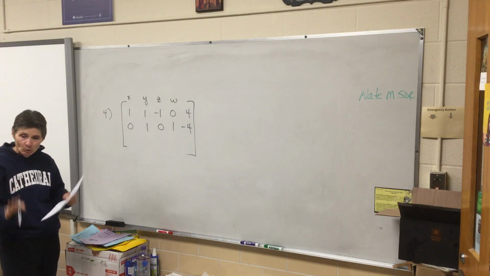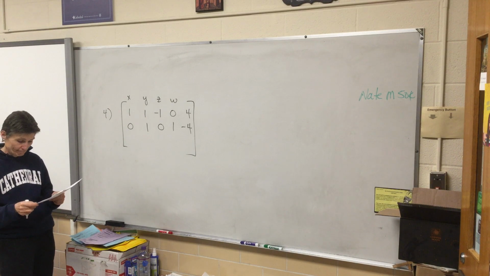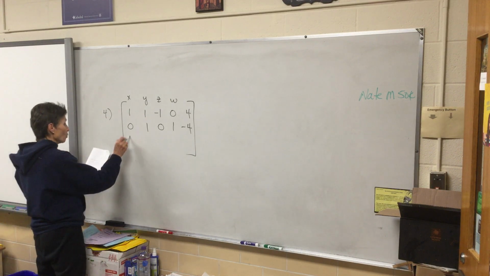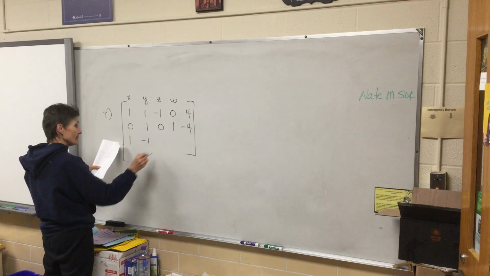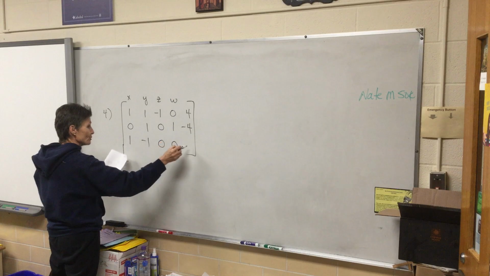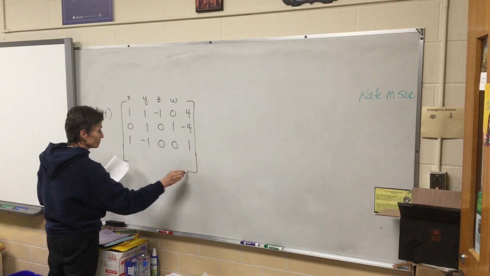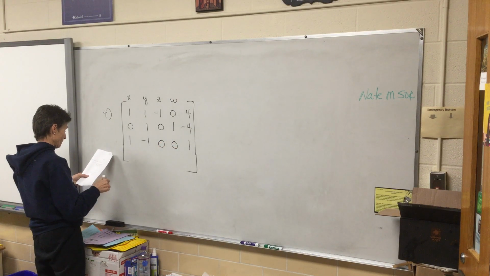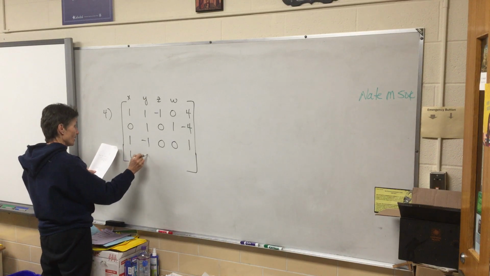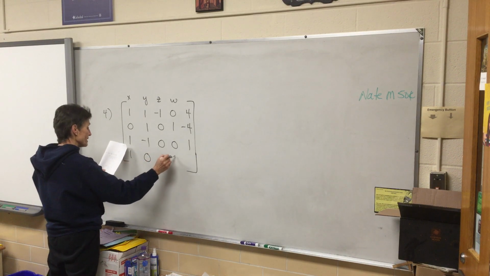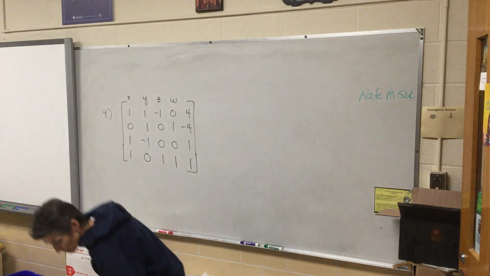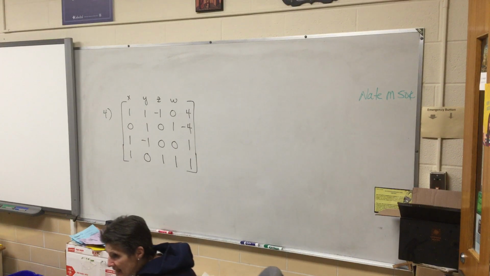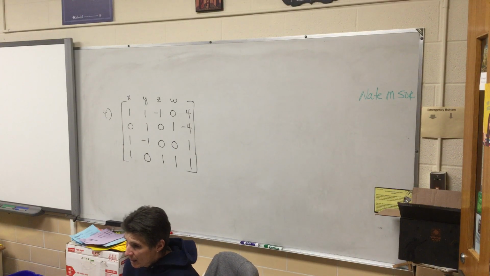Matrices force you to be organized. Next one has 1x, negative 1y, no z's, no w's, and a 1. One x, no y, 1z, 1w, and a 1. Does anybody have a question about the structure of that matrix?